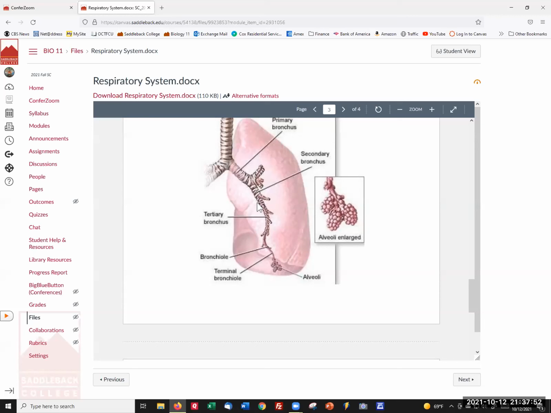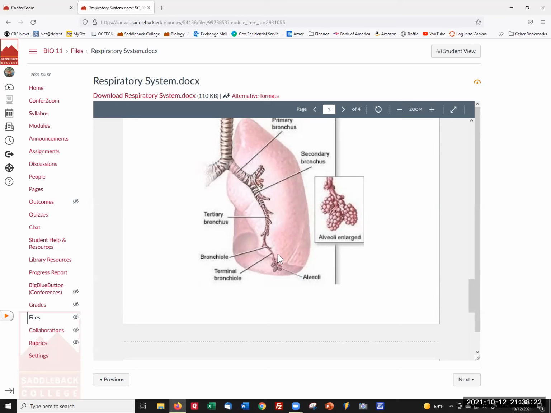The secondary bronchus has cartilage also, and the tertiary bronchus has cartilage. That's it. The trachea, primary, secondary, and tertiary bronchi have cartilage to keep them open. The rest of the pathway, the bronchioles, the terminal bronchioles, this one doesn't show the respiratory bronchiole.